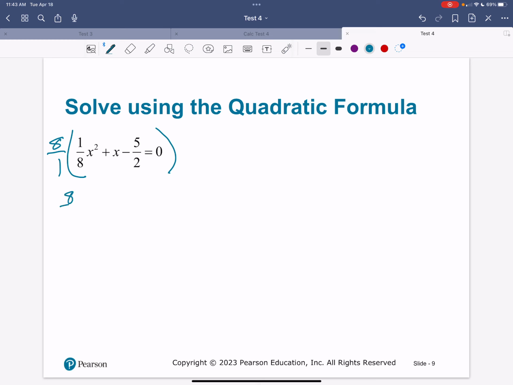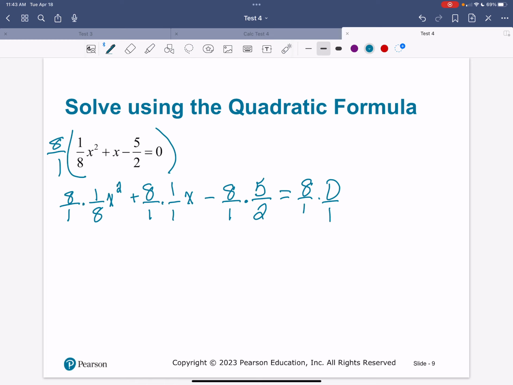So I have 8 over 1 times 1 over 8, x squared. 8 over 1 times 1 over 1 times x, minus 8 over 1 times 5 over 2. And then I've got 8 over 1 times 0, but that just gives me 0.